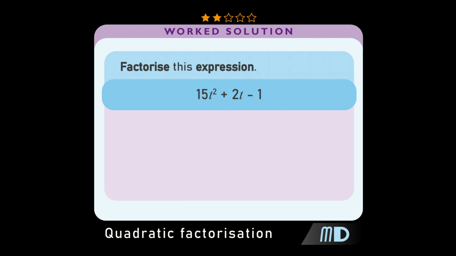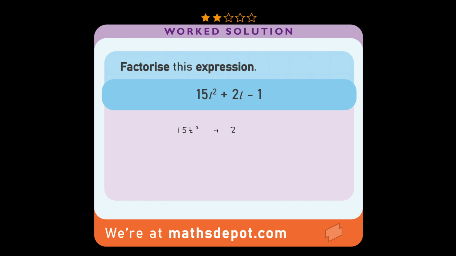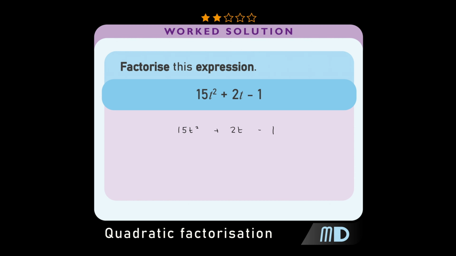The expression we've been given is a quadratic, 15t squared plus 2t minus 1. To factorize a quadratic, we need to find two factor pairs that we can use to form two binomial expressions inside each set of brackets.